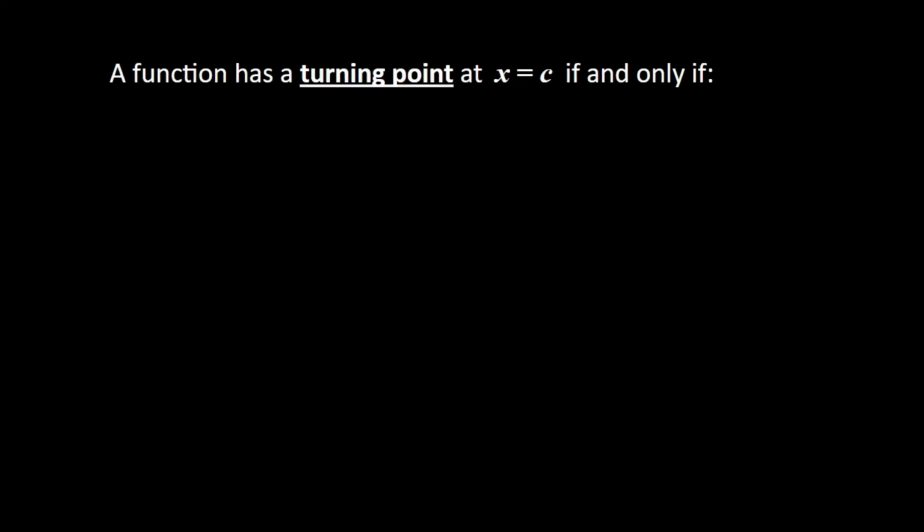And the last new definition, which is really not new, you've heard this term before, a function has a turning point at x equals c if and only if you have a horizontal tangent slope there. So if x equals c makes your first derivative 0, it means your tangent slope is horizontal, and it means you may have a turning point.